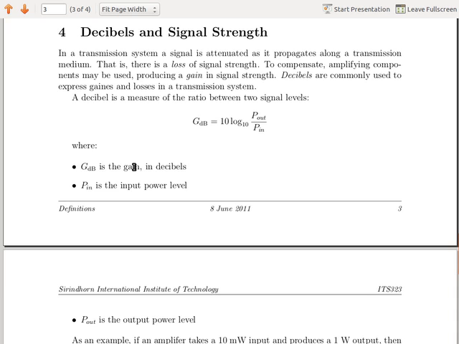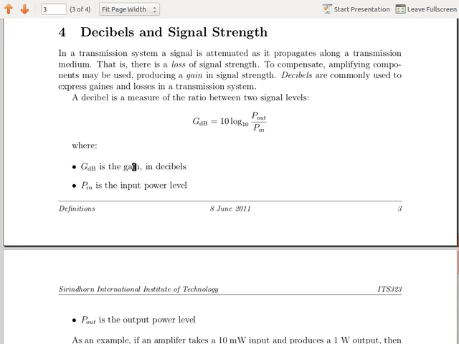If we have 24 dB, what's the absolute value? How are you going to calculate it? We have 24 dB. We want to know this value. SNR is signal to noise ratio.